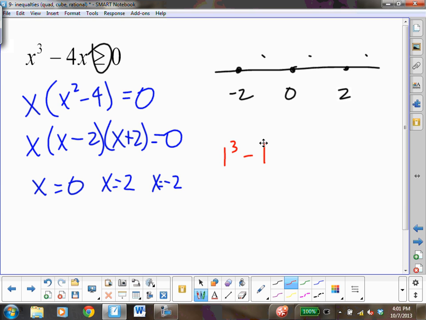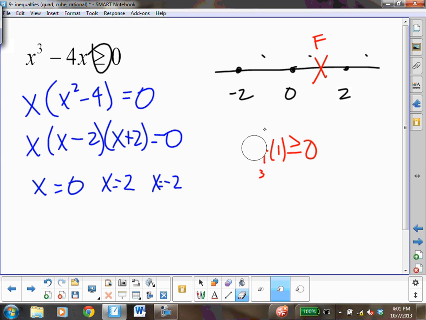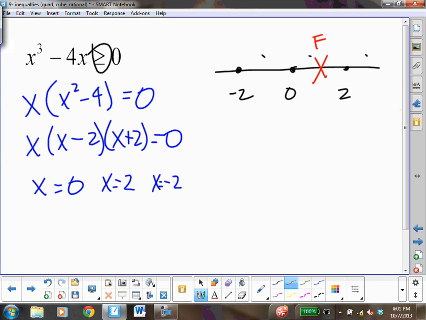So 1 to the third minus 4 times 1, is that greater than or equal to 0? 1 minus 4 is -3, which is not greater than or equal to 0. So the interval that includes 1 is not a solution. Or that part creates a false statement. Let's do another test. Let's test -1.